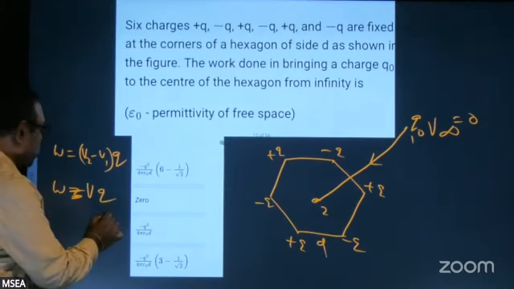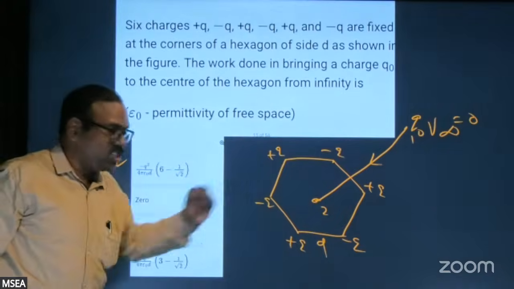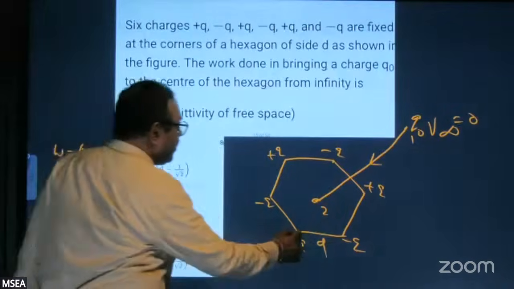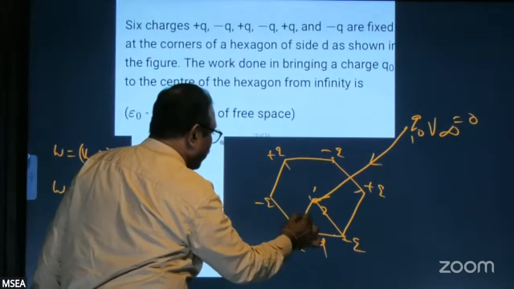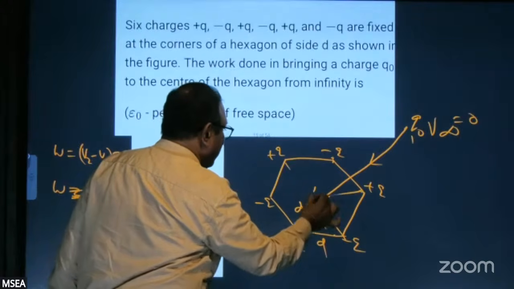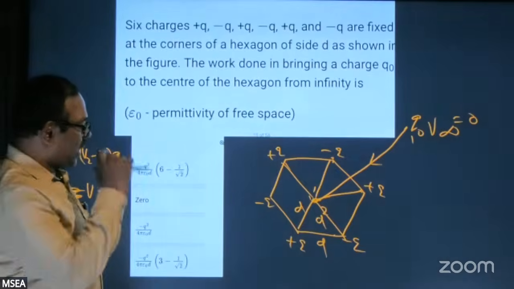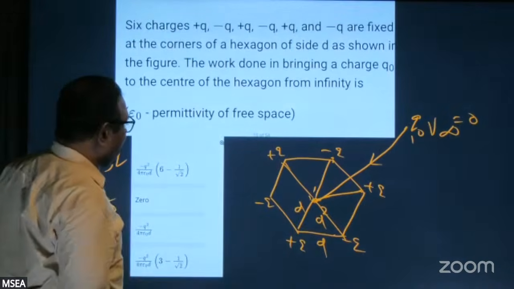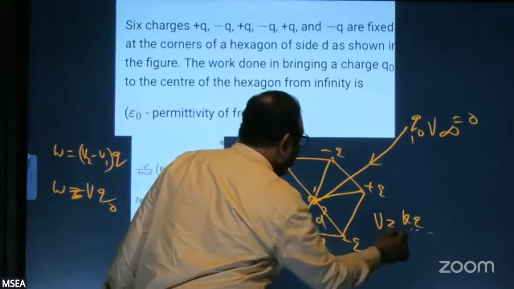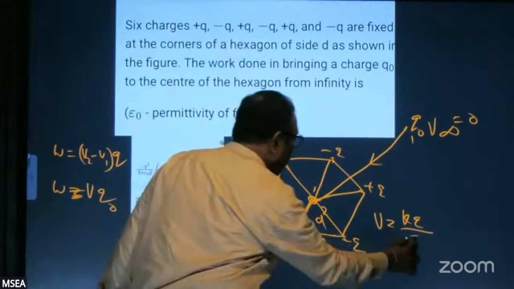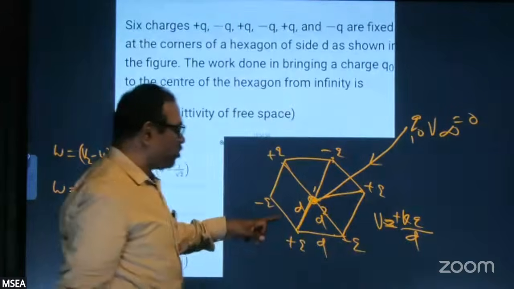Our Q naught is the charge that we are moving. Then what is the potential at this point 2? This is D, meaning every point forms equal triangles, and everything is D. So all distances are D. Then the potential is equal to KQ by D. Due to positive charge, potential is positive.